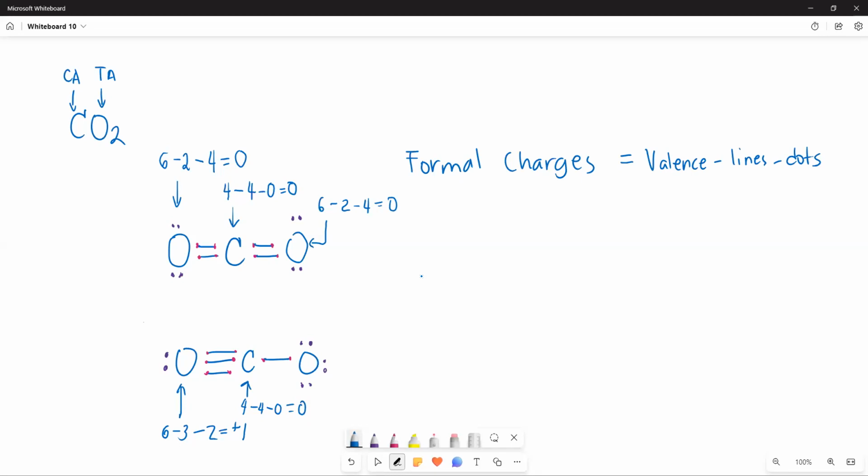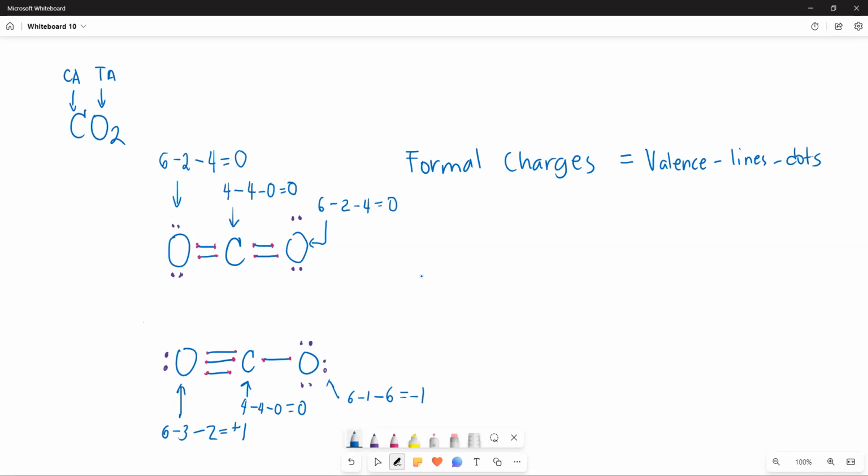And then for the last one, we have oxygen. We have this oxygen here. It's in group number 6, so 6 valence electrons. You see 1 line next to it. 6 minus 1 line minus how many dots? 1, 2, 3, 4, 5, 6. 6 dots. So 6 minus 1 minus 6 is negative 1.